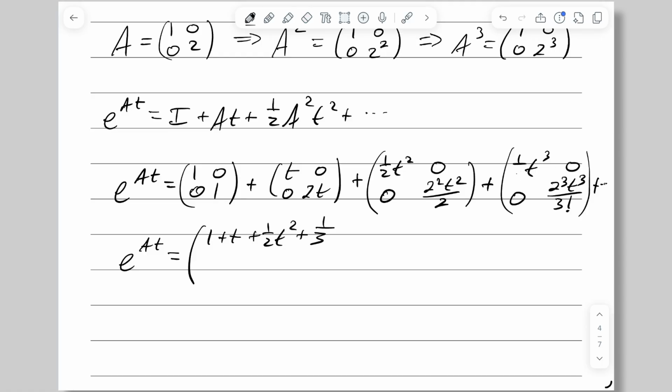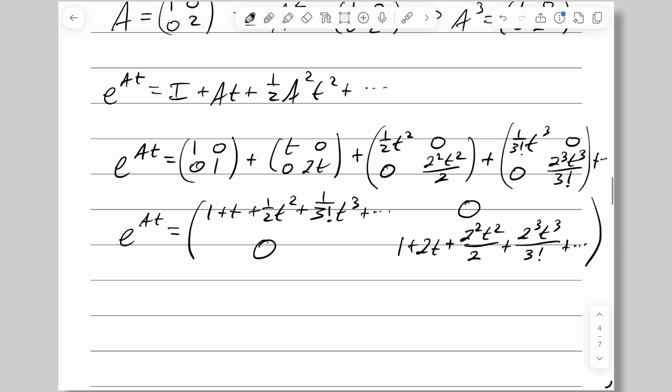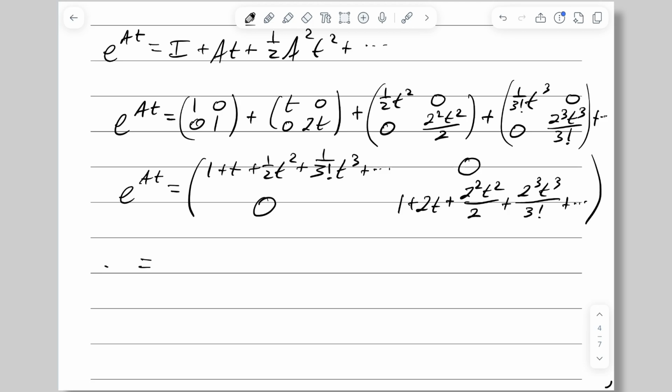I wrote that as 1 over 3, it should be 3 factorial. 0 for the upper right, 0 for the lower left, and then 1 plus 2t plus 2 squared t squared over 2 plus 2 cubed t cubed over 3 factorial, and so on. You might recognize these as actual exponentials. This boils down to e to the at is e to the t, 0, 0, and e to the 2t.